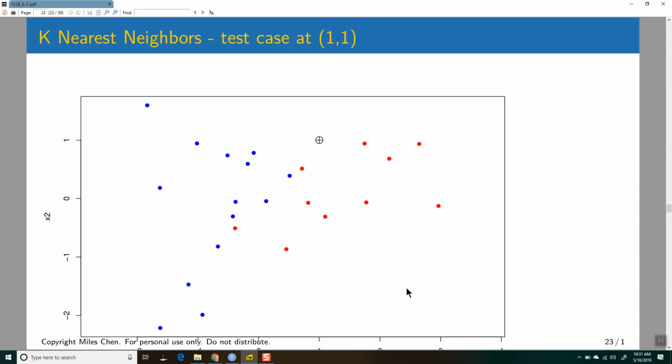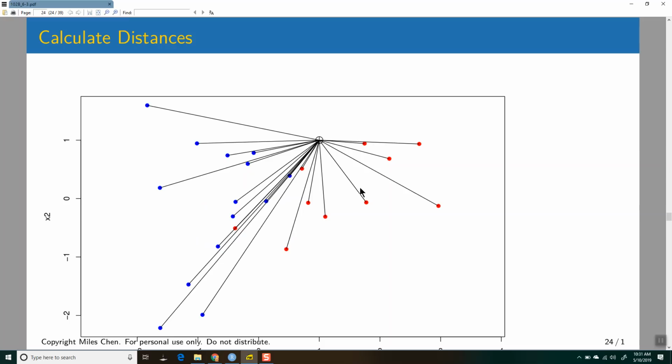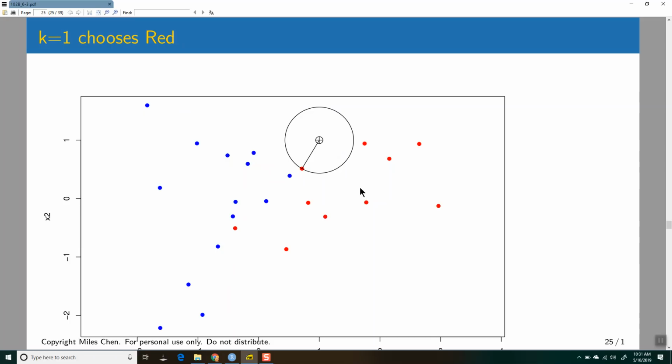Here is a test case at 1, 1. And over here, I think it's going to be red pretty much all the time, which makes sense visually. All right, so again, we measure the distance to every single other point, and then we're going to pick the nearest ones.